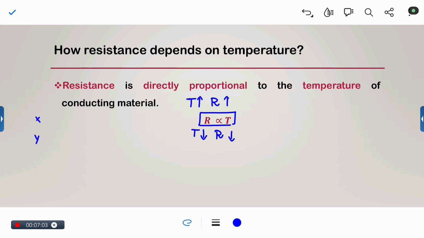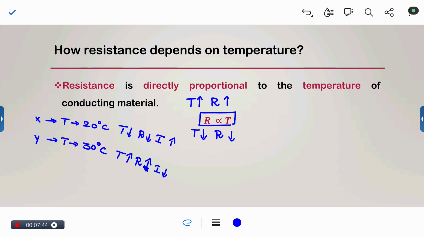One wire is having a temperature of 20 degrees Celsius and another wire is having a temperature of 30 degrees Celsius. In these two wires, through which wire can the current flow easily? Wire X. Why? Because here the temperature compared to Y is less. Temperature is less, the resistance will be less, current flow will be high. Here temperature is high, resistance will be high, and current flow will be low.